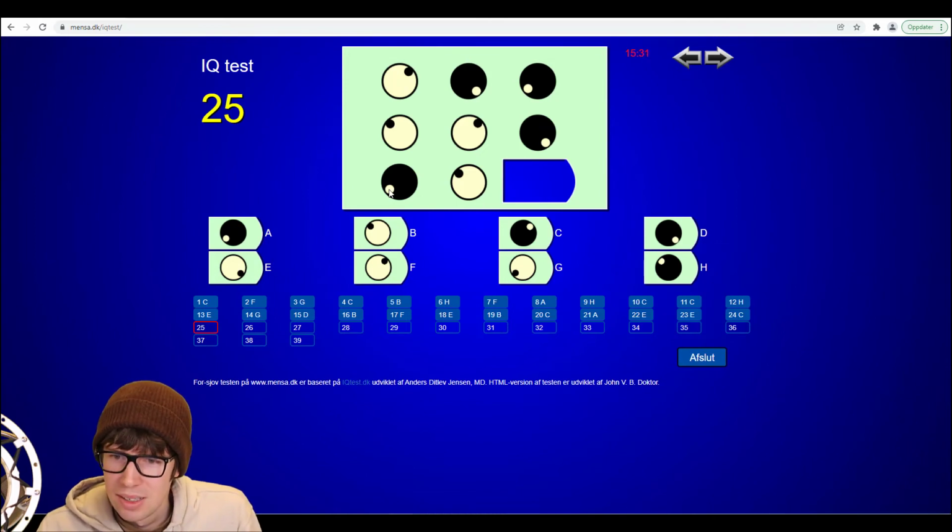So here I'm gonna point up right. That would be this one, except that's the wrong color scheme. So it will be F. Would it not? Yes, yeah. So it will be like this one.